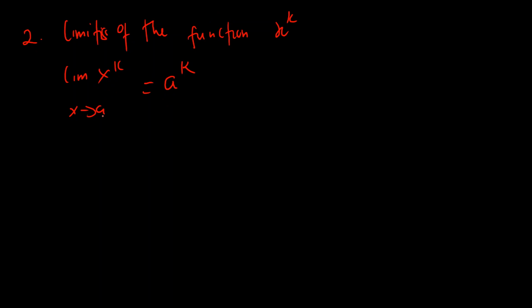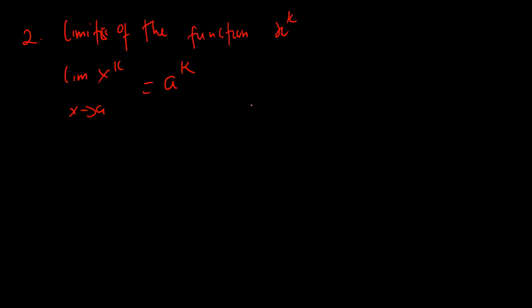What we are saying is that if you have x to a power which is k and x approaches a, and we are asked to find this limit, then the limit is basically a to the power what? k. The value that x is approaching to the power k.